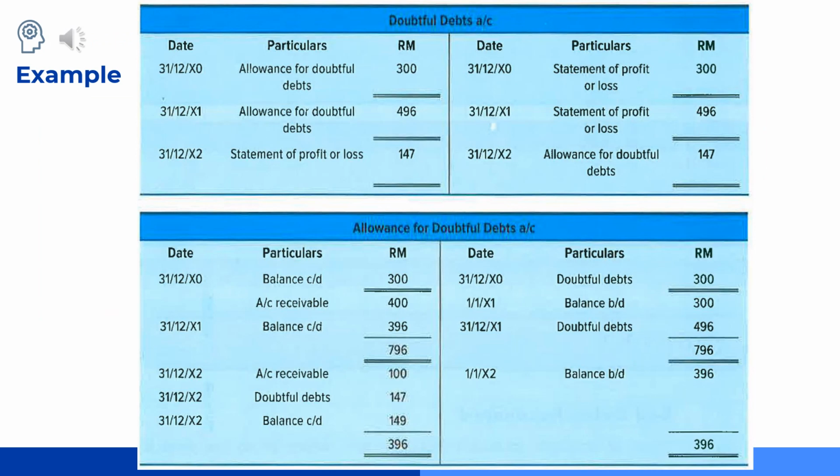So how do we get the 496? You can refer back to the calculation in the allowance for doubtful debts account for 20x1. We start with the balance BD from the prior year, 300, and then we take into account the bad debts written off of 400 ringgit, and then we calculated the balance CD of 1% allowance for doubtful debts for 20x1, which is 396, and then we get the figure of doubtful debts 496.